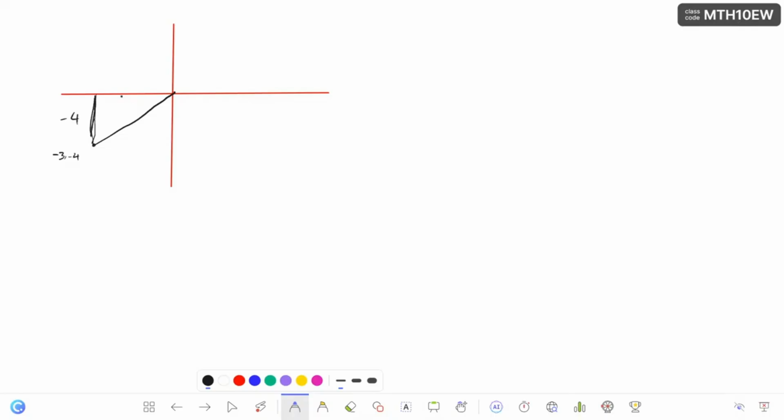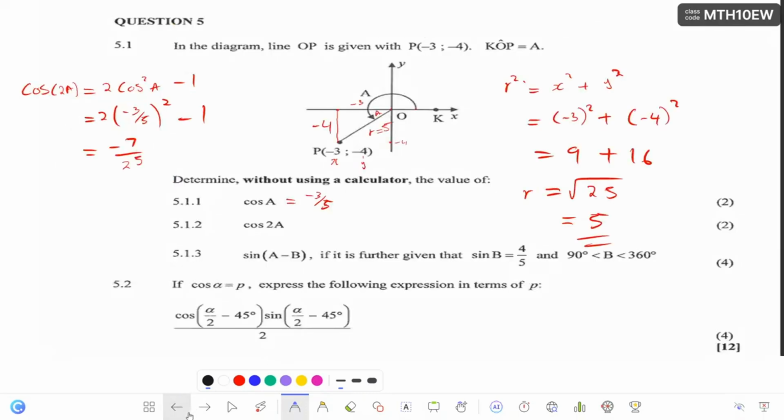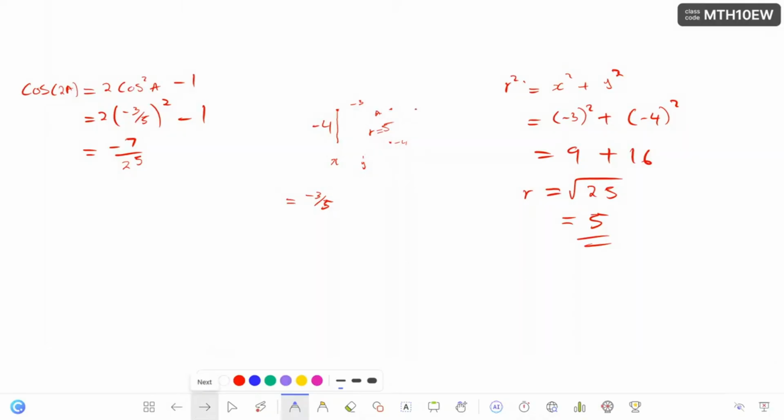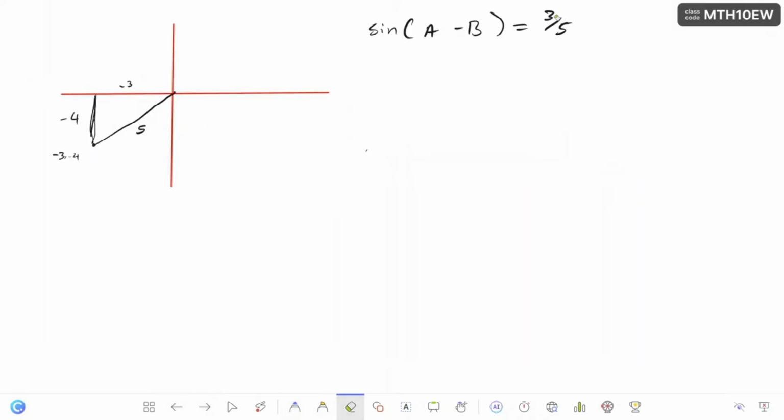So here is -4, here is -3, here is 5. For this one, they said sin B is equal to 4/5. Remember, sine is opposite over hypotenuse.